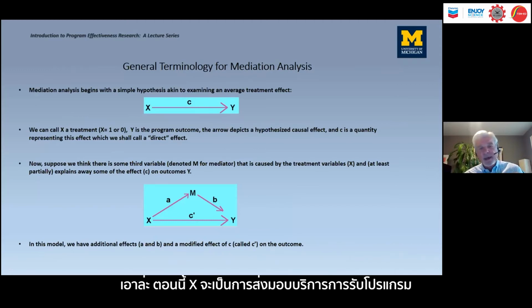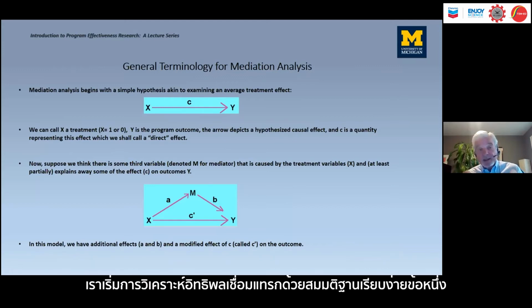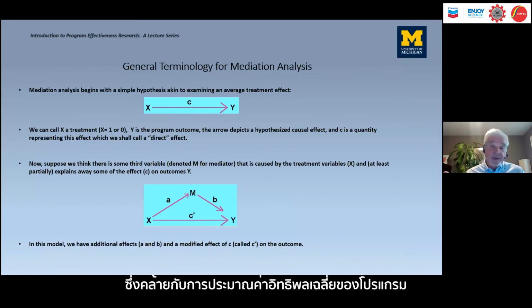So now X is going to be service delivery, the treatment, the so-called causal variable. Y is always the outcome. And we begin in mediation analysis with a simple hypothesis, akin to estimating the average treatment effect.